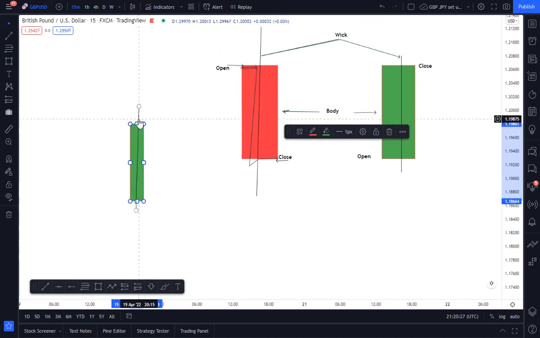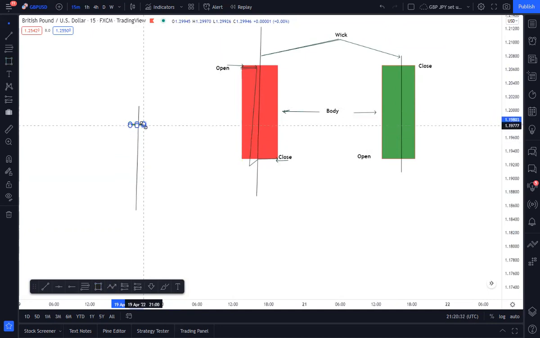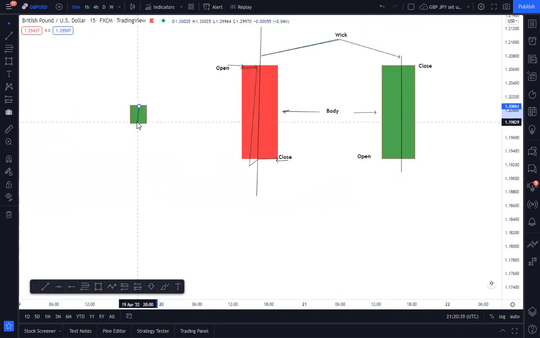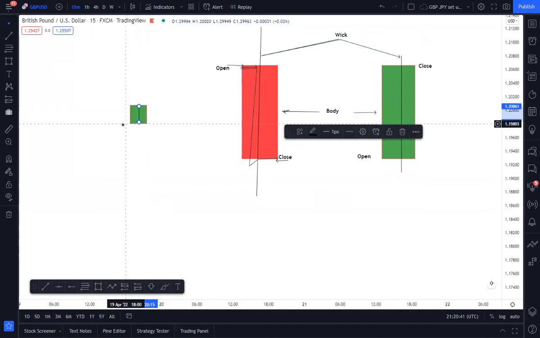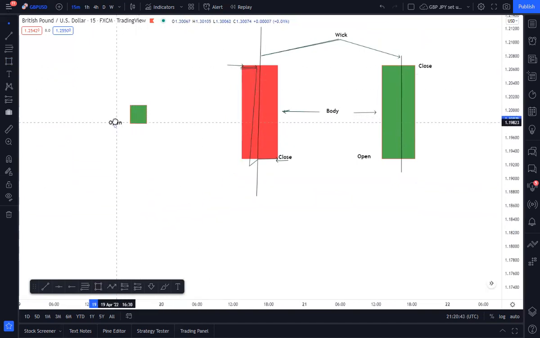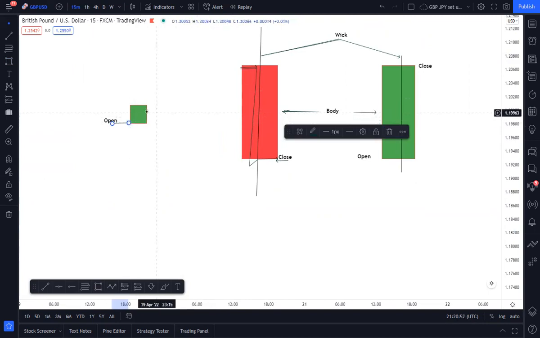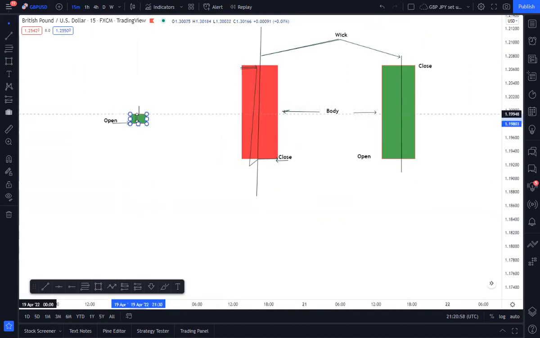An upper wick is created because when price opened, the bulls pushed it up for a while. At that time, this wick has not yet been created because price just opened at this junction. This was where price was opened. Price opened here. The bulls pushed up for a little while, and suddenly the bears said never, and the bears rejected it.